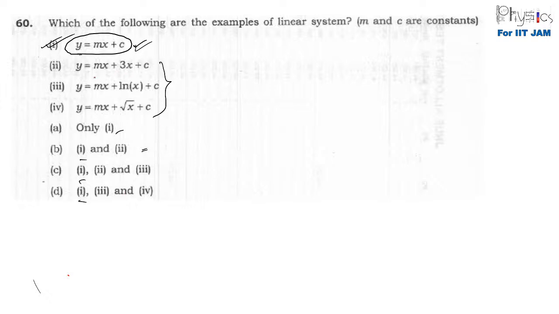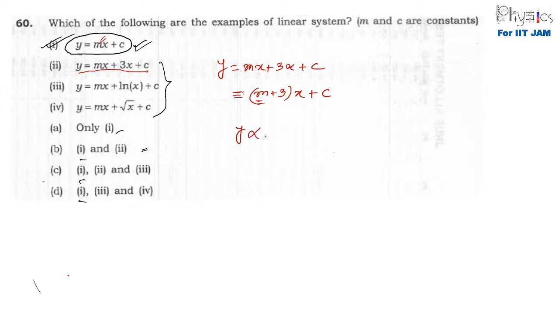Okay, see, if we simplify the next one, y equals mx plus 3x plus c, it will give us (m plus 3) multiplied by x plus c, right? Now what is m? M is the slope, which is just a number.